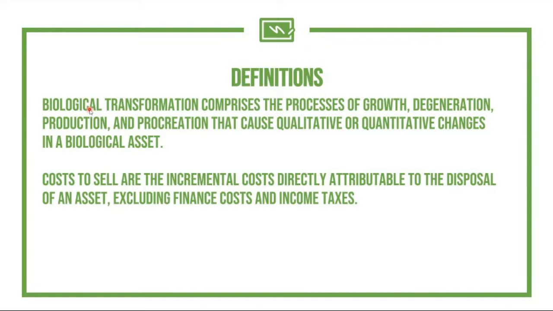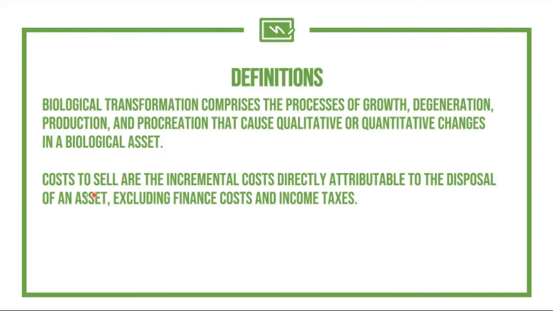Biological transformation comprises the processes of growth, degeneration, production, and procreation that cause qualitative or quantitative changes in a biological asset. Generally, any change that happens to a biological asset that results in quantitative or qualitative changes.